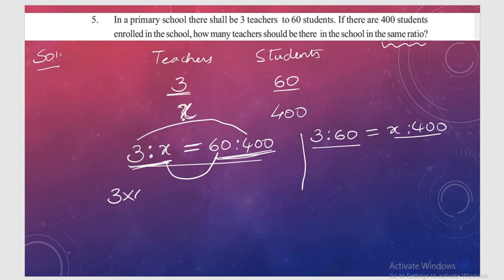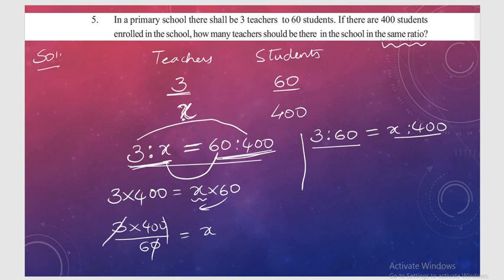So product of extremes, 3 into 400 is equal to x into 60. Since I need x value, transpose this 60, then I can write it as 3 into 400 divided by 60, which is equal to x. So here 0 0 gets cancelled, so 3 in 6 2 times, again 2 in 40 20 times. So x is equal to 20.